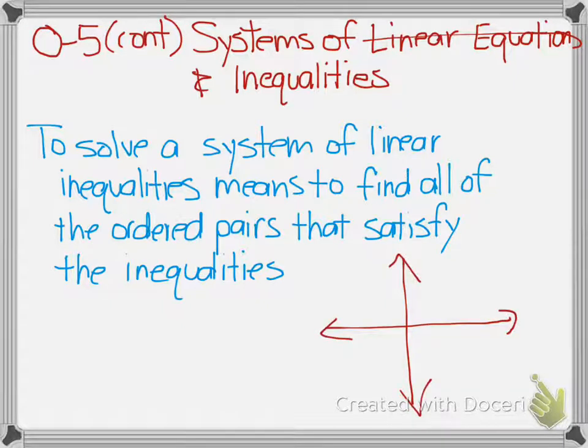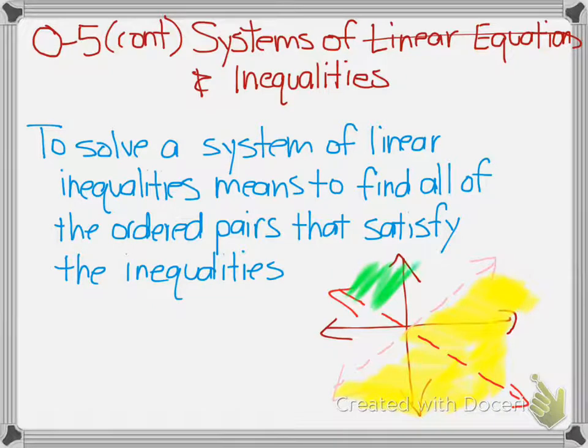Just so you can recall, you've done this before. An inequality might look like this. You might have a dotted line, and it's going to be shaded somewhere, probably below it. And then you're going to have another dotted line going maybe this way, and it's going to be shaded above it.